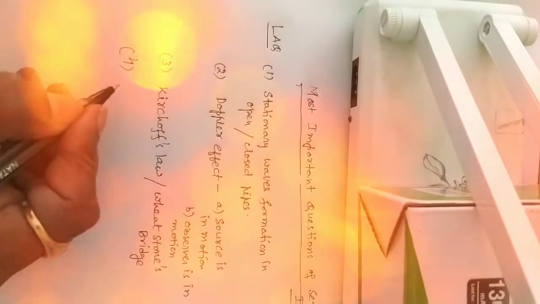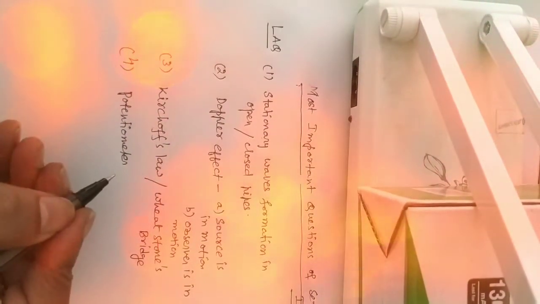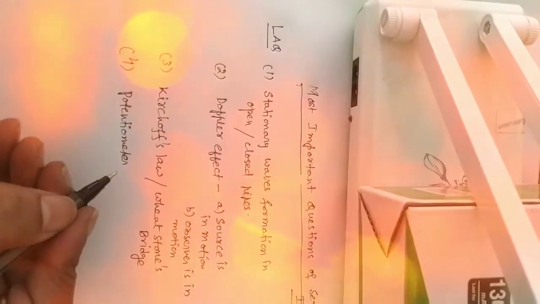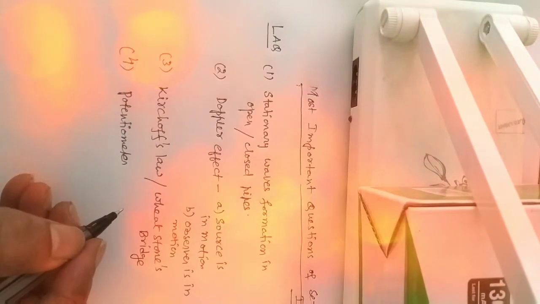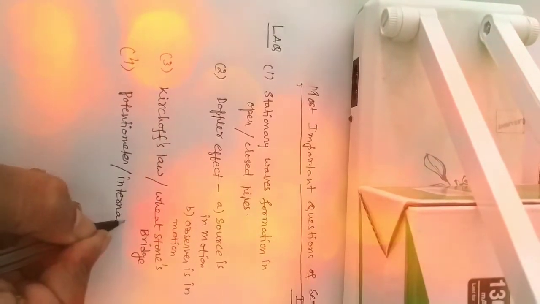Next, the fourth question is potentiometer. State the working principle of a potentiometer. Explain with the help of a circuit how the potentiometer is used to determine the internal resistance of a cell.